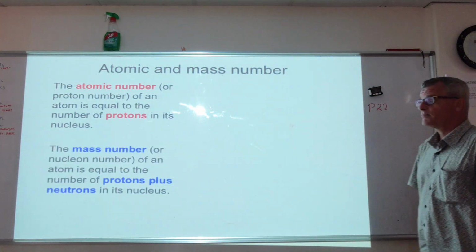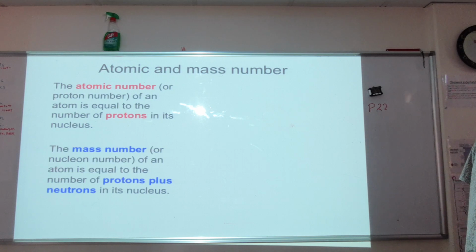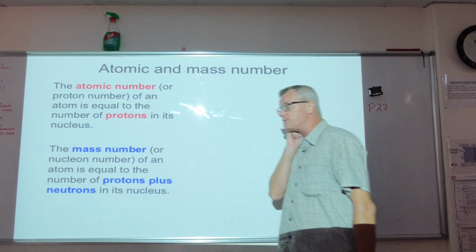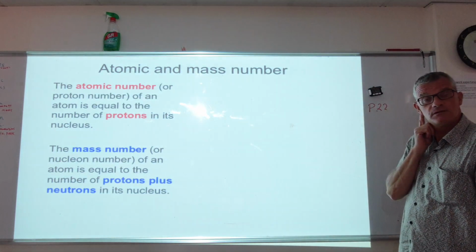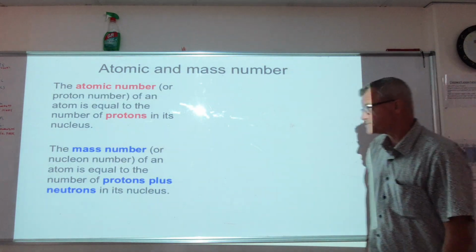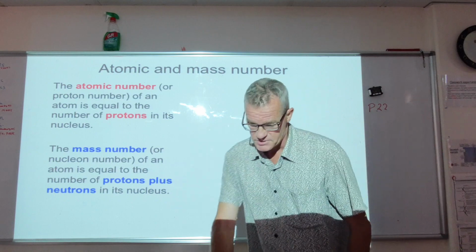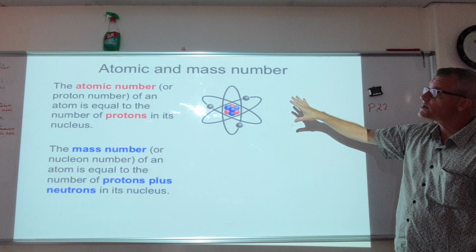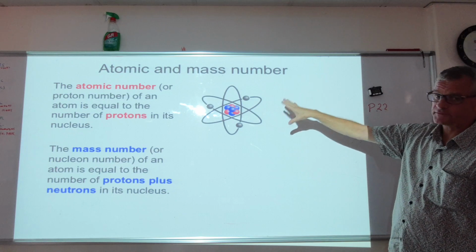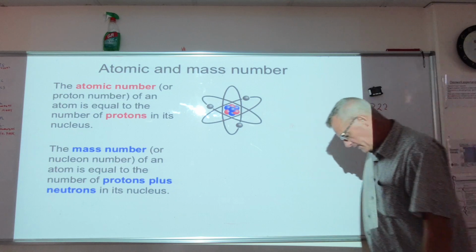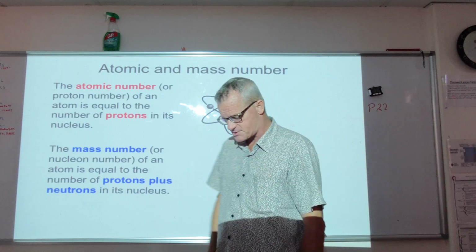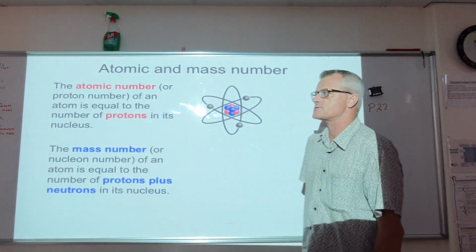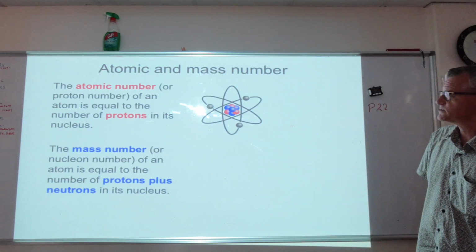The mass number, or the nucleon number, of an atom is equal to the number of protons plus neutrons. So the mass of an atom mainly depends on the mass of the nucleus, the nucleons, the protons and the neutrons.